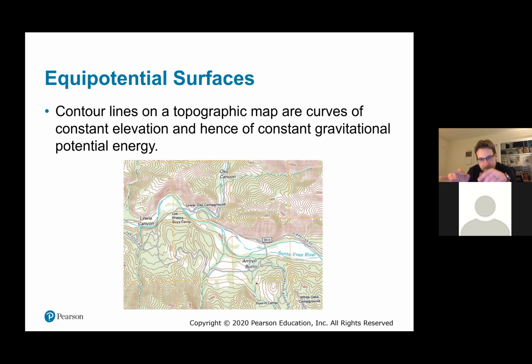If we put different masses at the same altitude above the surface of the Earth, their gravitational potential energies in that configuration might be different because they have different masses. But if we talk about gravitational potential energy per unit mass, they'll all be the same.